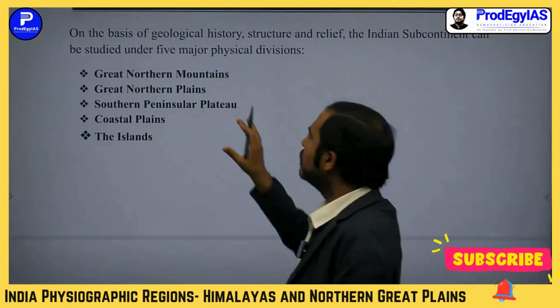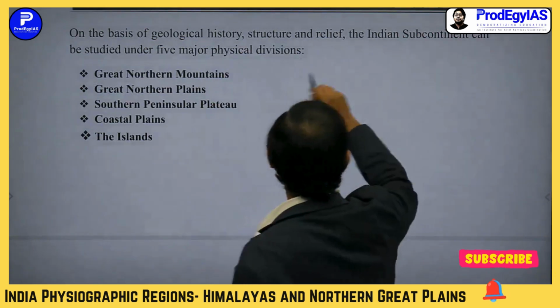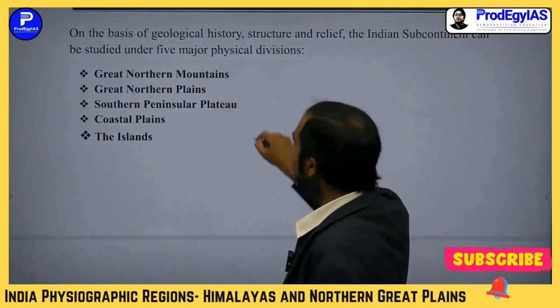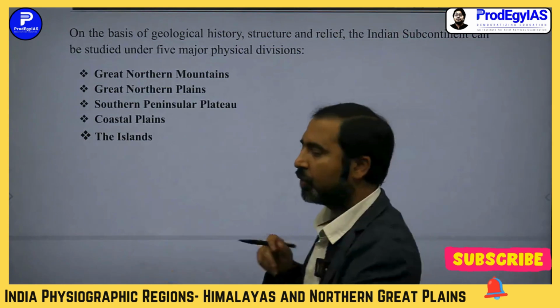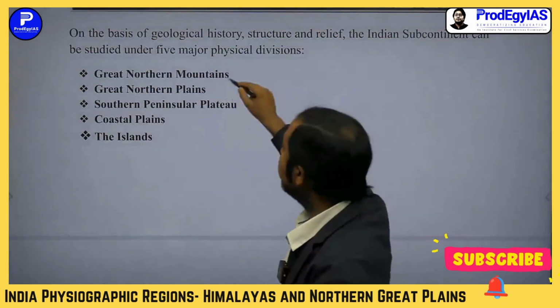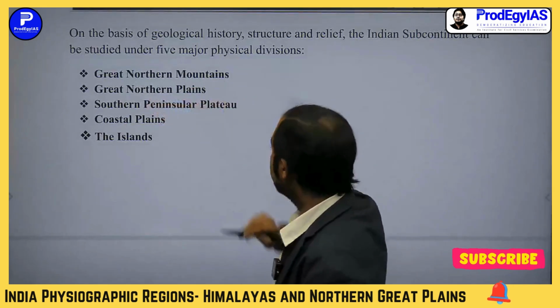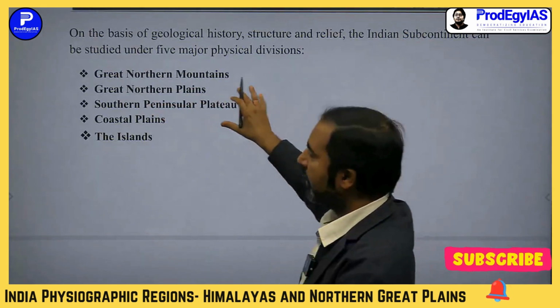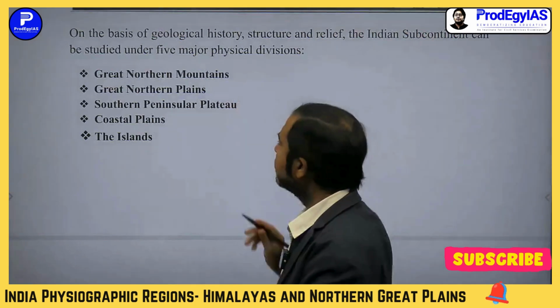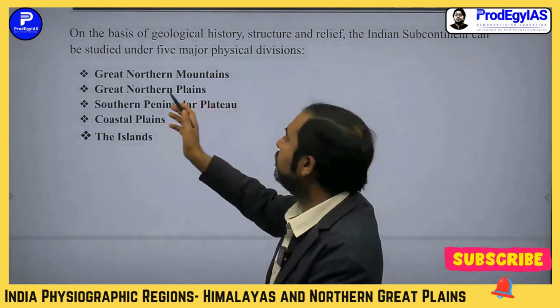So on the basis of geological history, structure, and relief, the Indian subcontinent is studied in these five major physical or physiographic divisions, right? So these are great northern mountains. Largely they are Himalayas and other related ranges of Himalayas like Karakoram.